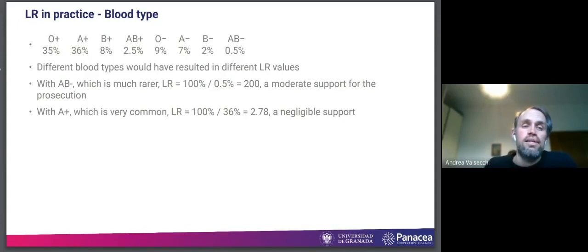For instance, if we had the AB- blood type, which is much less common, the likelihood ratio would have been 200, which is quite a bit bigger. And if the blood type had been A+, which is very common, the likelihood ratio would have been much smaller, because such a common event would not have supported a conviction of a specific individual.